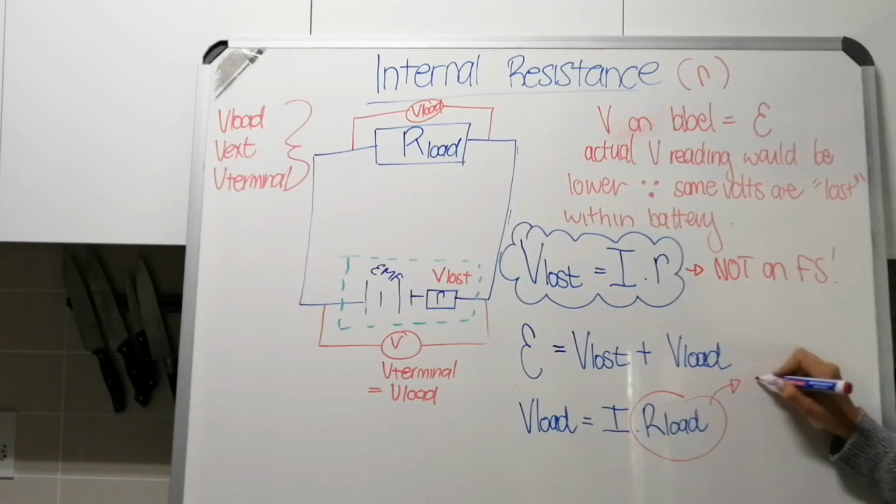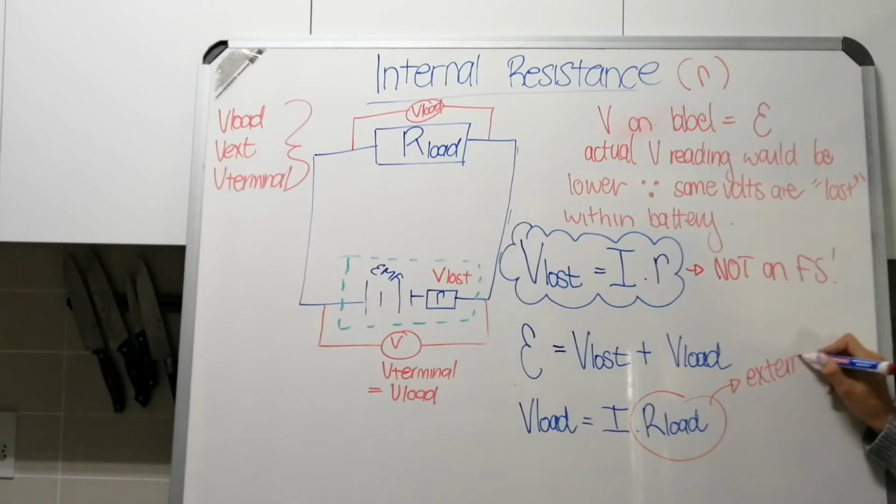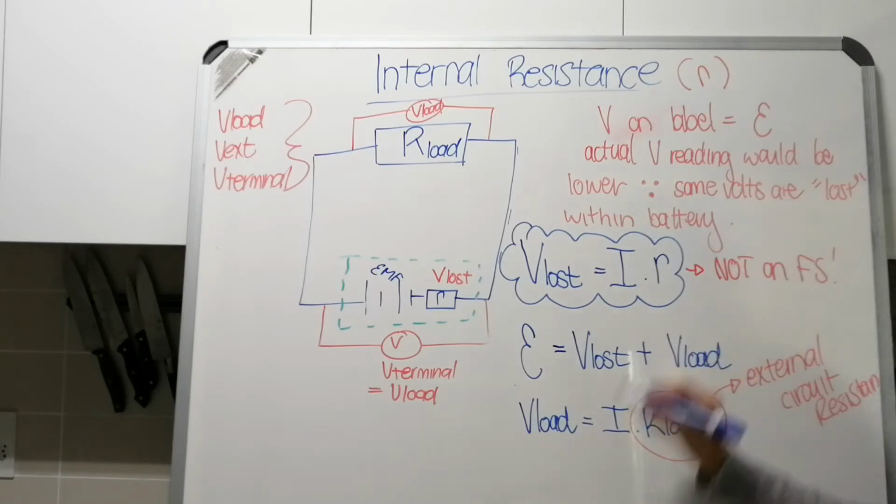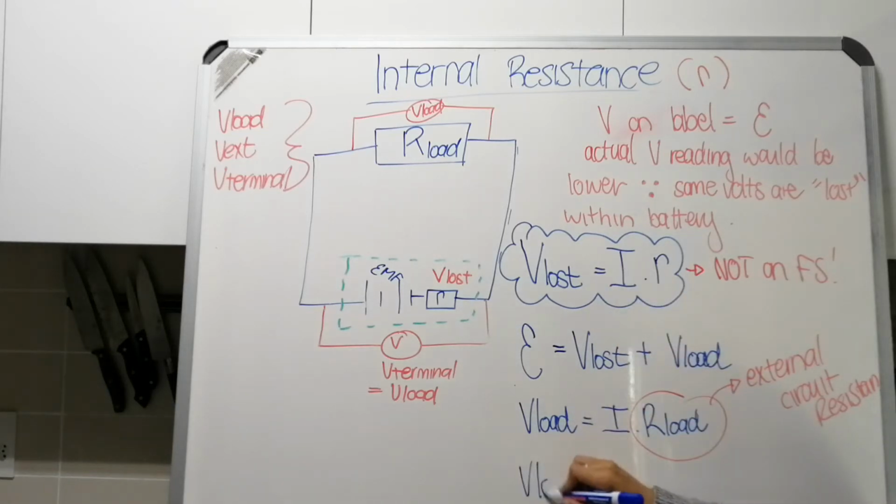R load just means external resistance, the total resistance of the external circuit. Load just means external. And V lost, I've got it there, but let's just do it here again: V lost is equal to I times internal resistance.